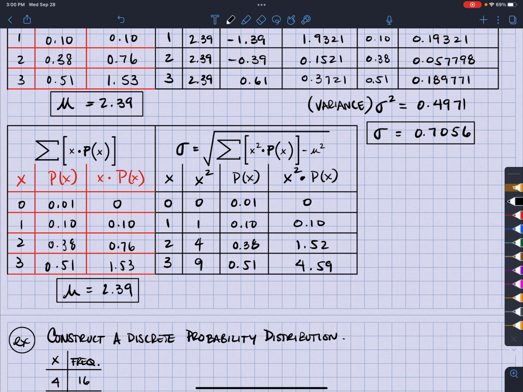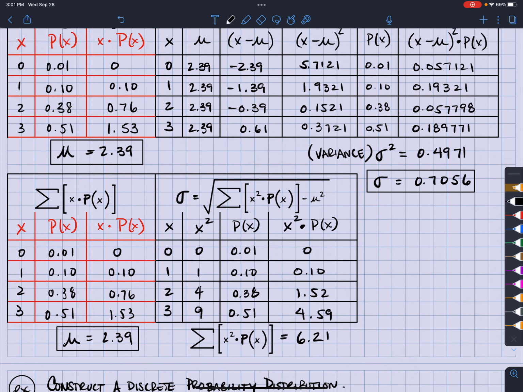So when I add those all together, 4.59 plus 1.52 plus 0.1 plus 0 is going to give me a 6.21. So this is equal to just this piece right here. All right, so that's this piece. Okay, that's the sum of that.